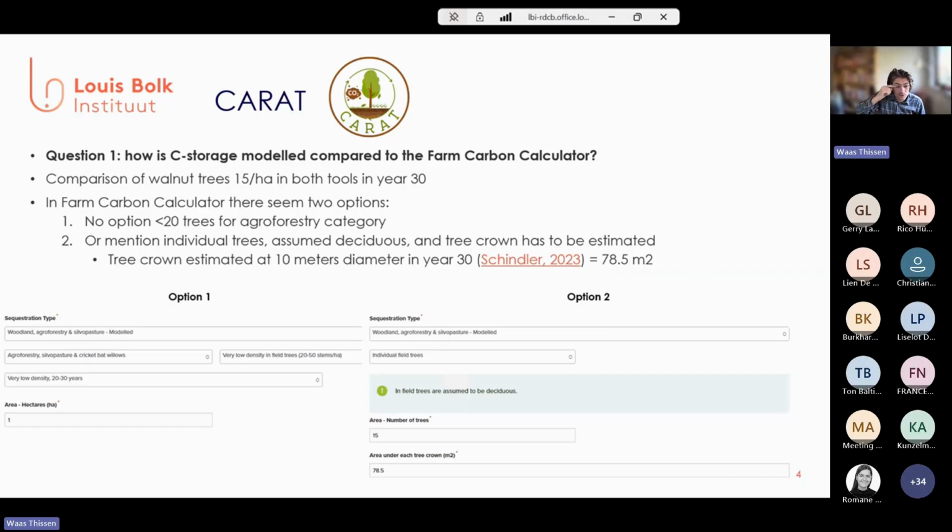Another option was to include them as individual trees, assumed deciduous, and then you have to estimate the tree crown under each tree, which I did based on a publication from Germany. They did a lot of allometry measurements on walnuts in Germany, so I took that as a source.